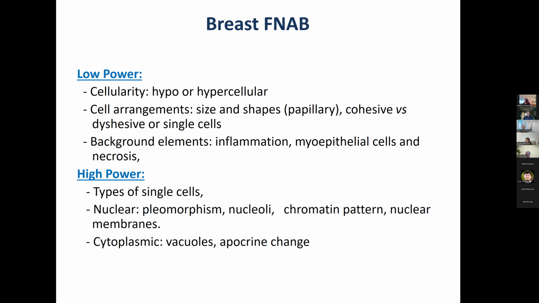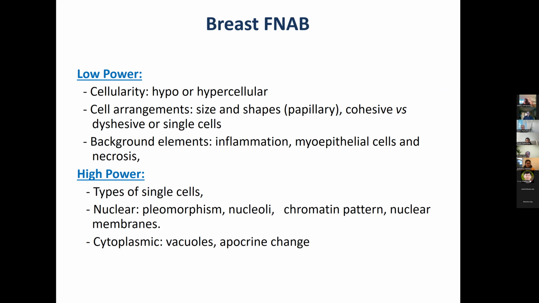And under high power, you would want to examine the type of cells that you see. Is it epithelial cells, or is it mesenchymal type of cells? You can examine the nuclear details more carefully in terms of the nuclear membrane irregularities. Is there pleomorphism, chromatin pattern, and so on and so forth.